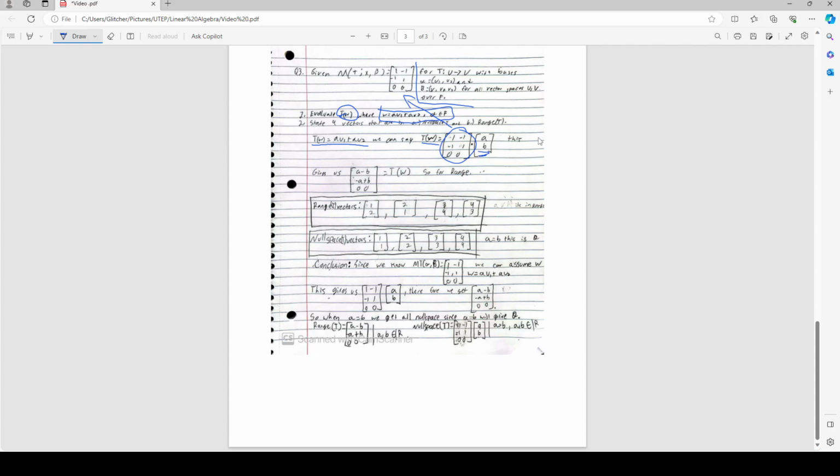Because these are our scalars. So that gives us the matrix A minus B, negative A plus B, 0, 0, of course. And this is for TW, for the range.